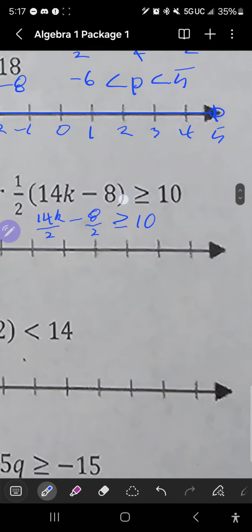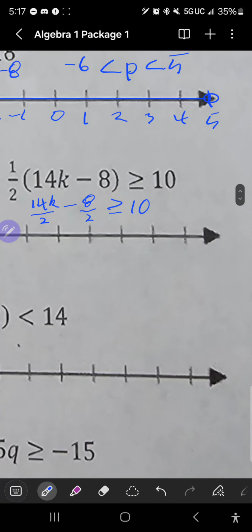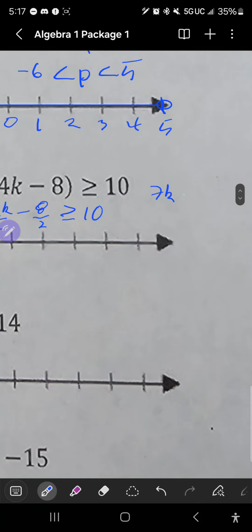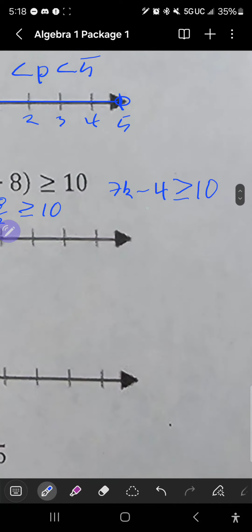So we divided this and we get 7k, since 14 divided by 2 is 7, minus 4, since 8 divided by 2 is 4, greater or equal than 10. We need to add 4 on both sides so we can cancel this out.